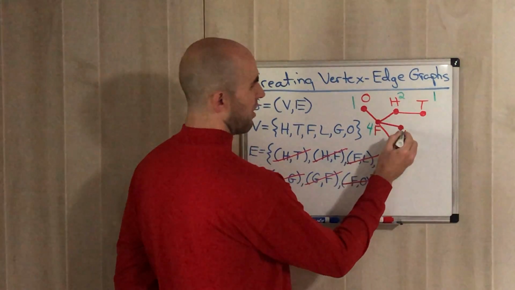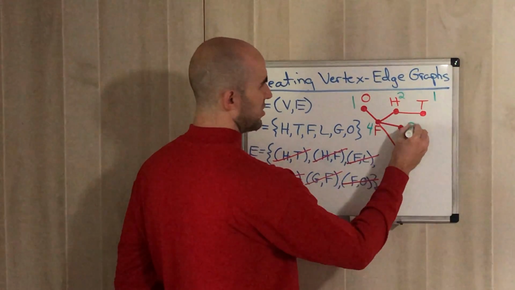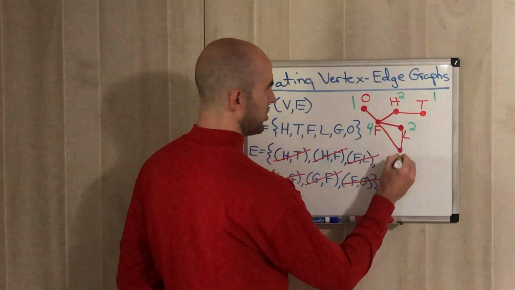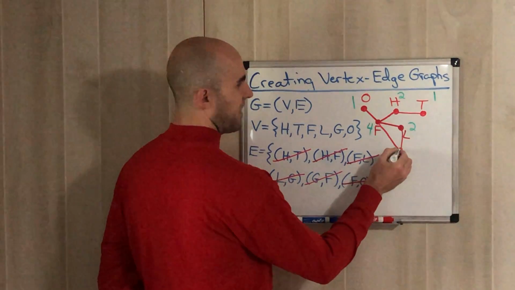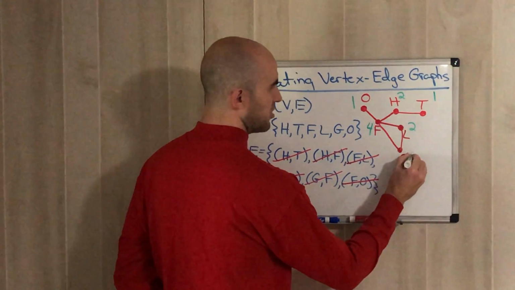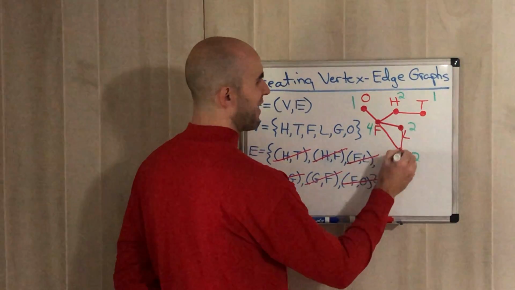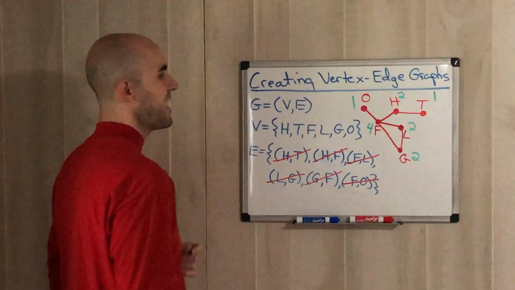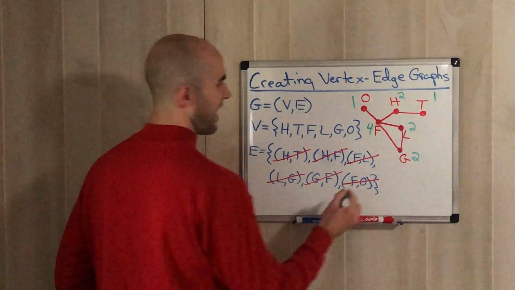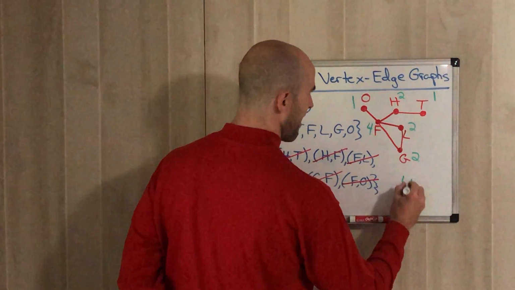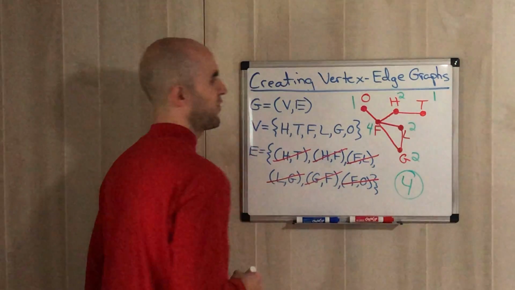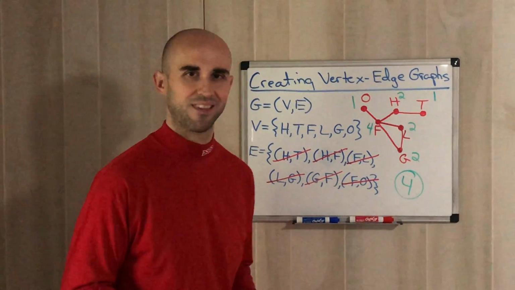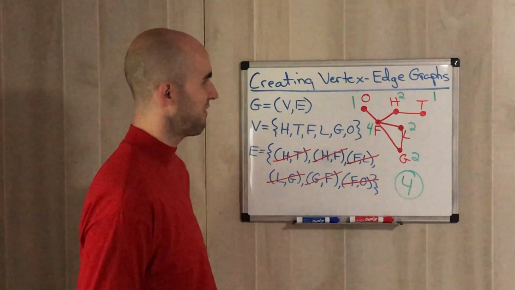The degree of L is 2, because it goes to F and G. And the degree of G is 2, because it goes to F and L. Those are all our degrees. And if we wanted to know the degree of the entire graph, the degree would be 4, because it's the highest degree in the entire graph.